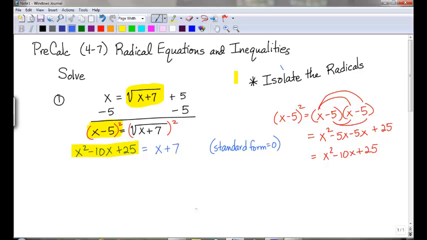If not, I try to keep this x squared term positive because most of you are used to factoring with a positive x squared. So if it's already positive, I would leave it on that side. And if you want to do these in the same step, that's fine. So I'd end up with x squared minus 11x plus 18 equals 0.